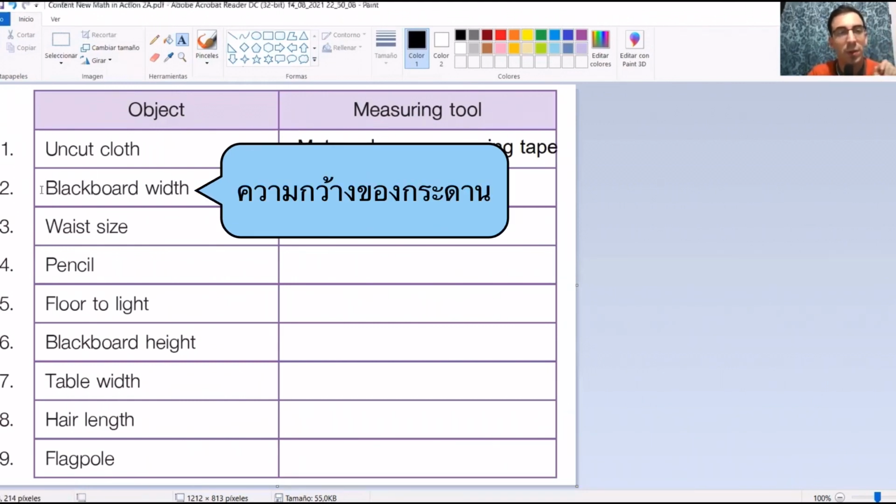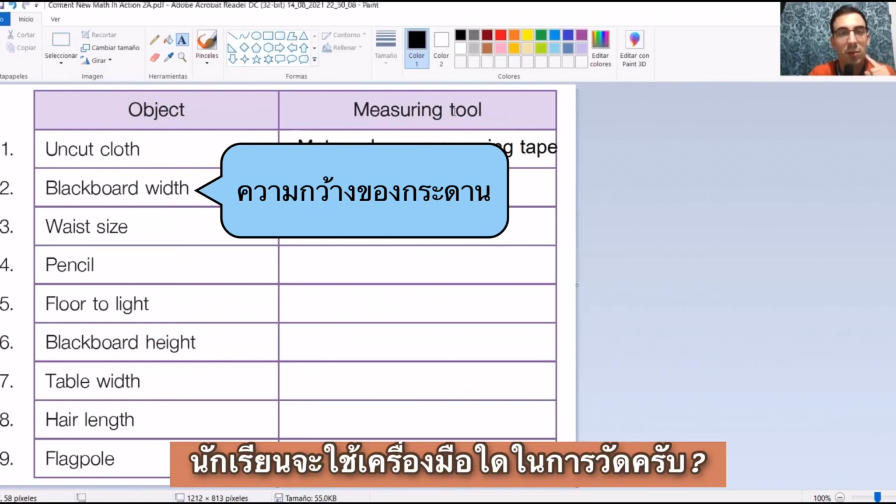Number 2, blackboard width. Check out the subtitles, please. Blackboard width. Which tool are you using?